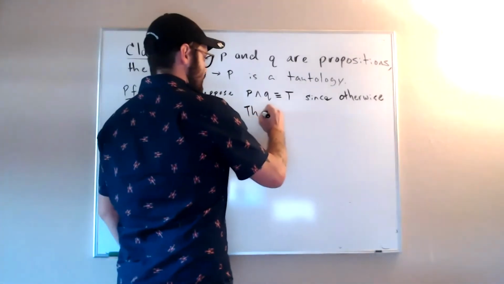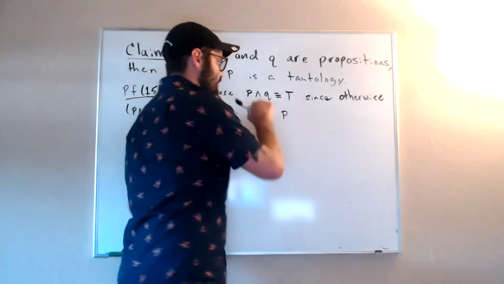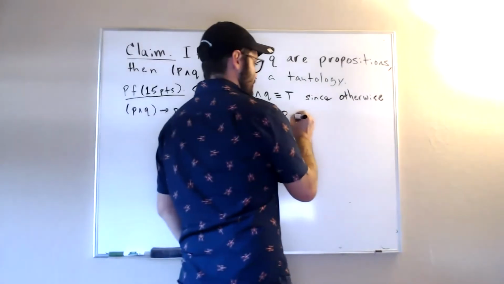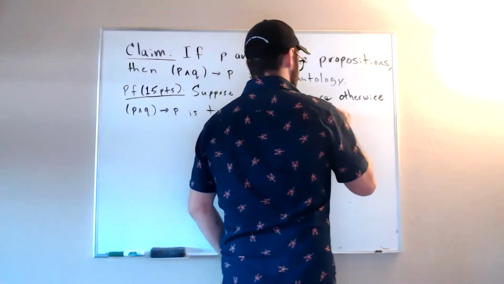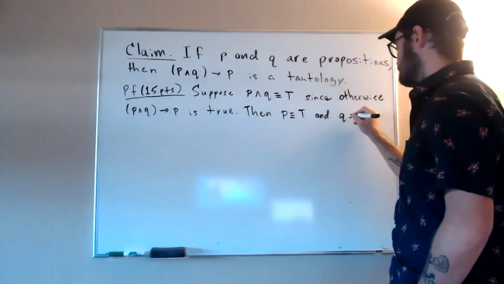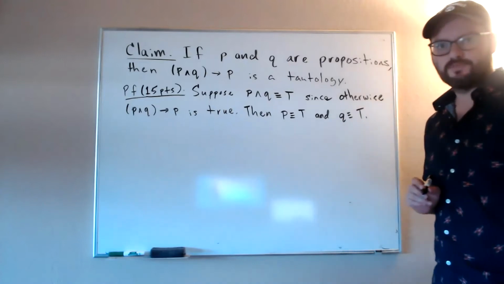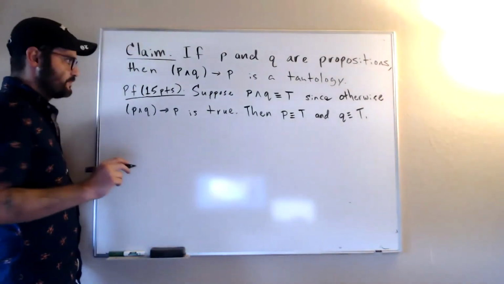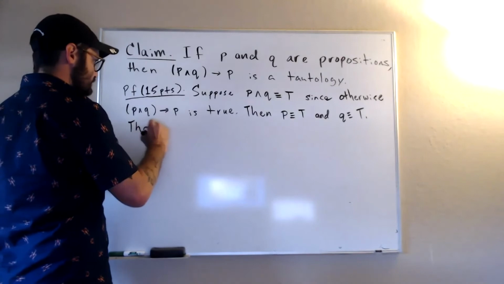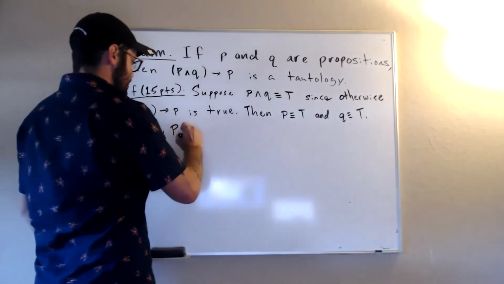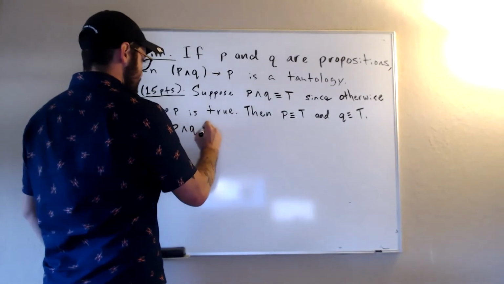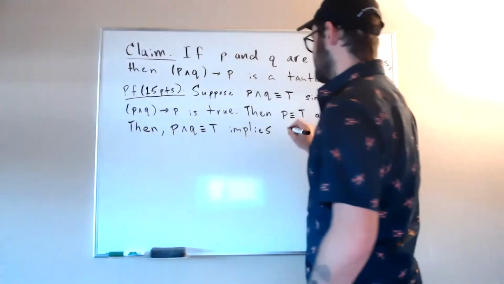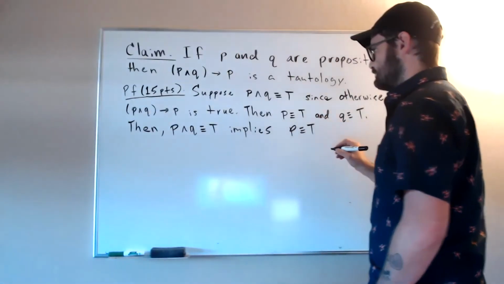So then, if the conjunction of P and Q is true, then P must be true and Q must be true. Right? Okay. Then P and Q true implies P is true, and we are done.